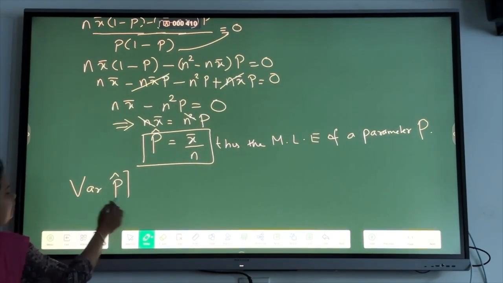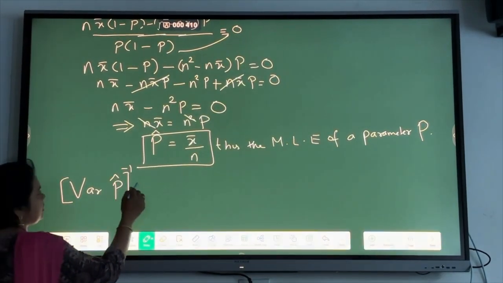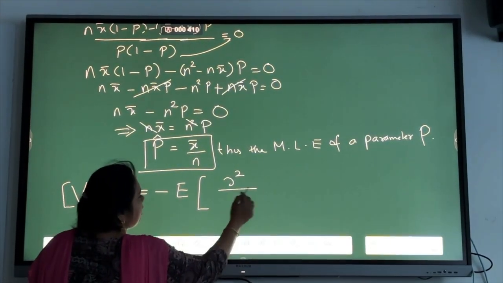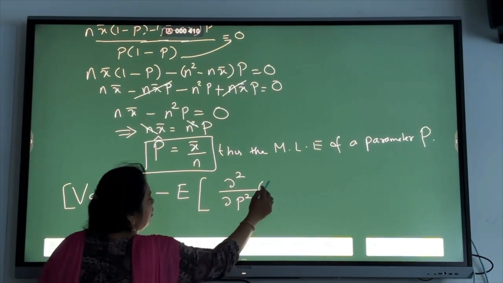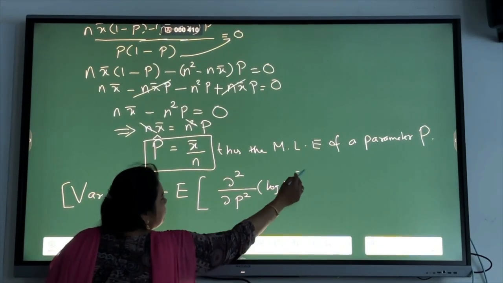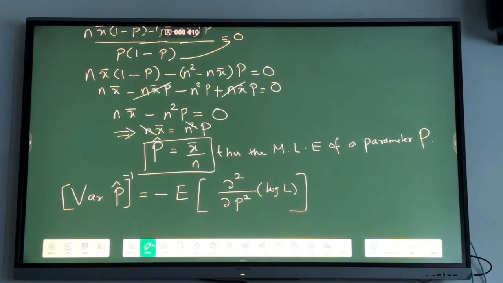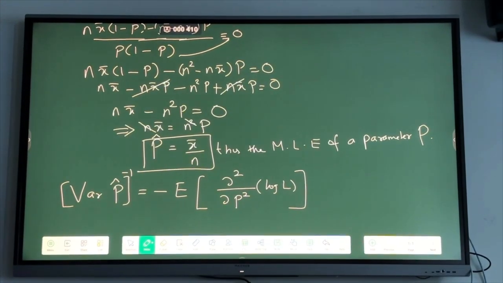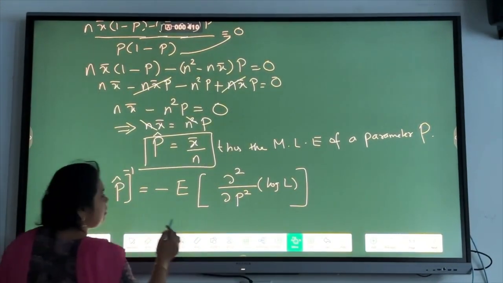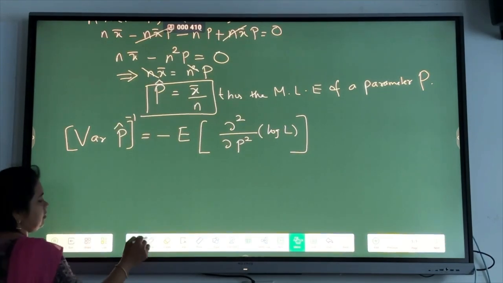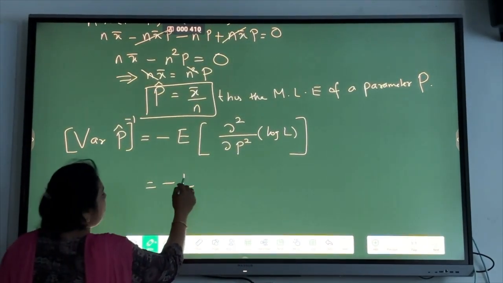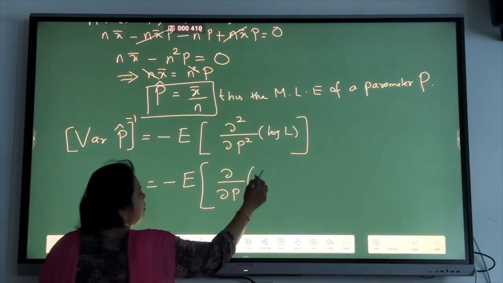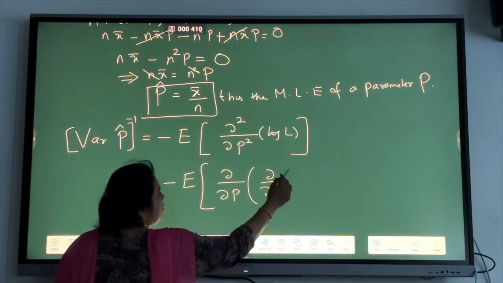Of inverse, which the formula is minus E dou square by dou p square of log n. So already we have differentiated dou by dou p. Once again you differentiate, you will get minus e dou by dou p of log n.